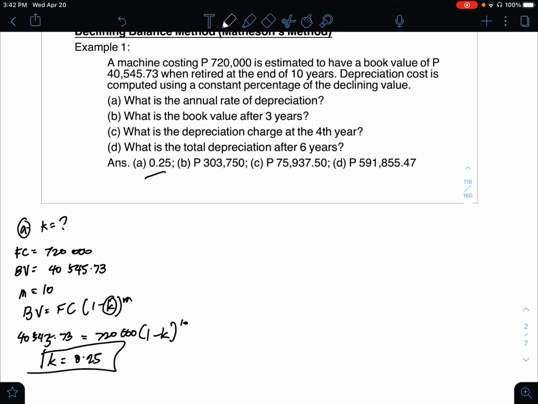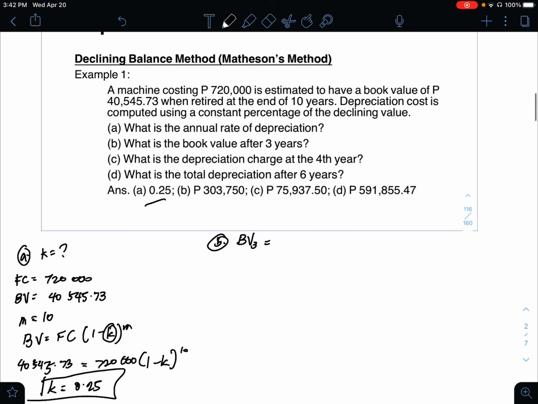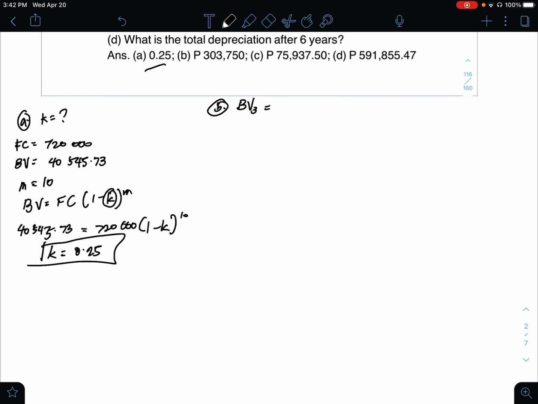All right. For letter B, what is the book value after 3 years? Okay, after 3 years daw. So, di ba, BV3 man na siya, BV3 is equal to the first cost times 1 minus k, which is 0.25 man ta, di ba?